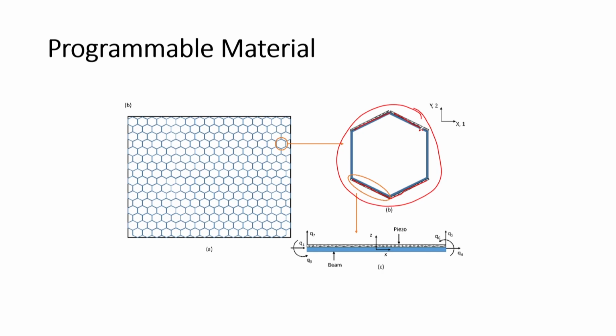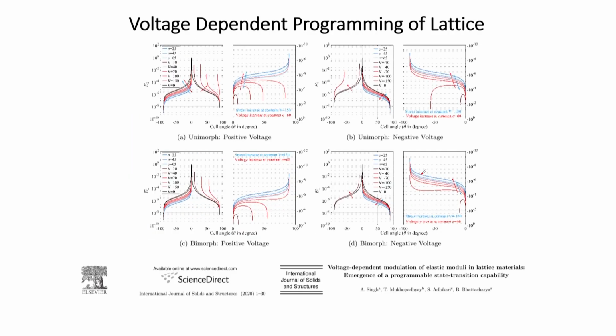Well, very simple. With the application of voltage, they can change the angle, so that you can get different angles, and if each one of these lattices changes its angles, your stiffness changes drastically, and many other properties.